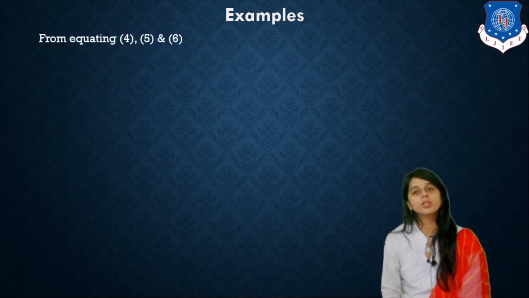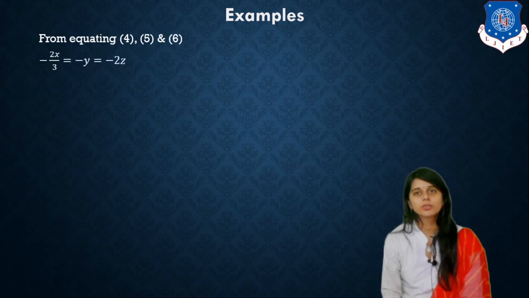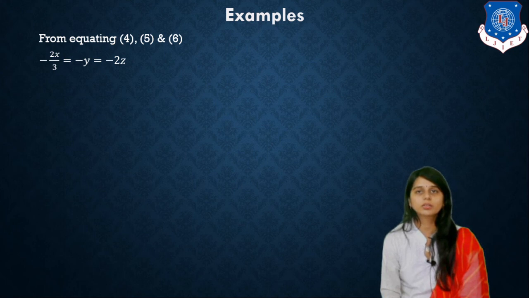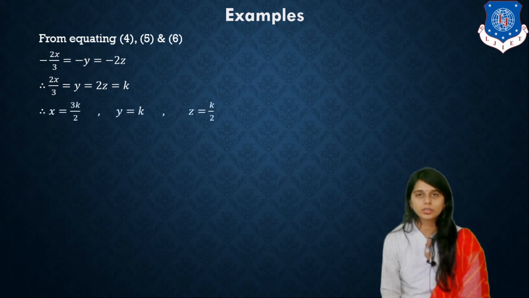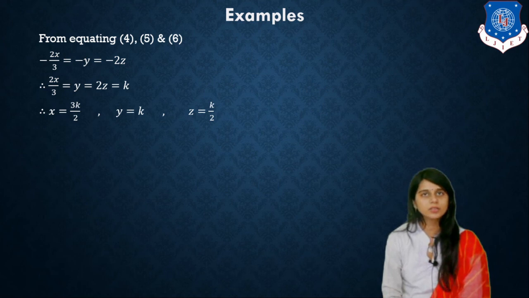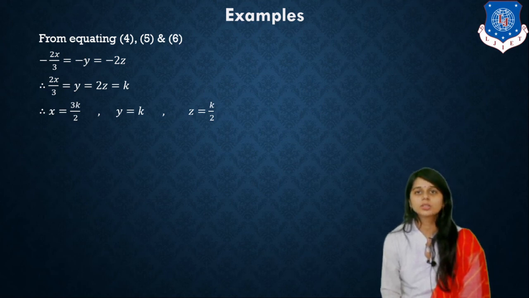From equating 4, 5 and 6, we get minus 2x by 3 equal to minus y equal to minus 2z. So 2x by 3 equal to y equal to 2z equal to k. So x equal to 3k by 2, y equal to k and z equal to k by 2 is a point.